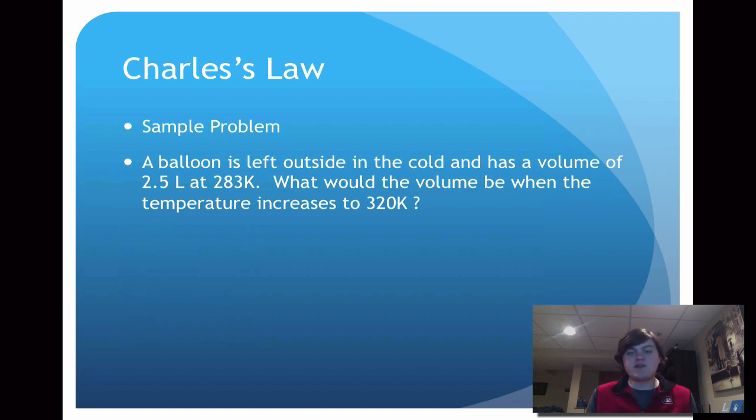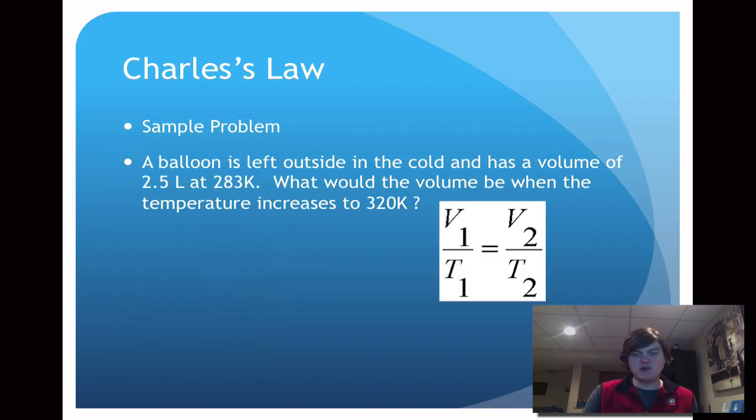We are working with volume and temperature. Charles's law is the appropriate law to use when working with volume and temperature, so we will look at that equation. In this equation, we see that there's a V1, T1, V2, and T2, so we will pull those variables out to the side.